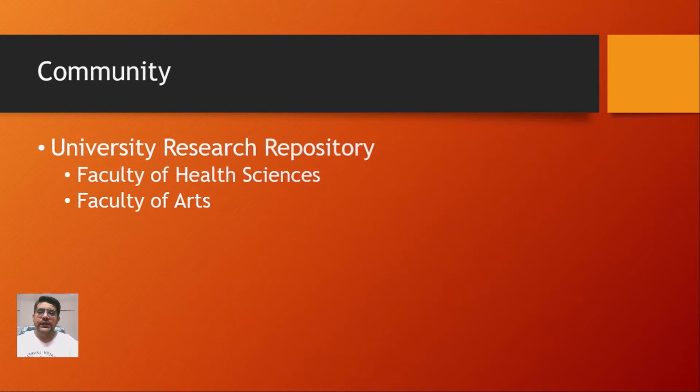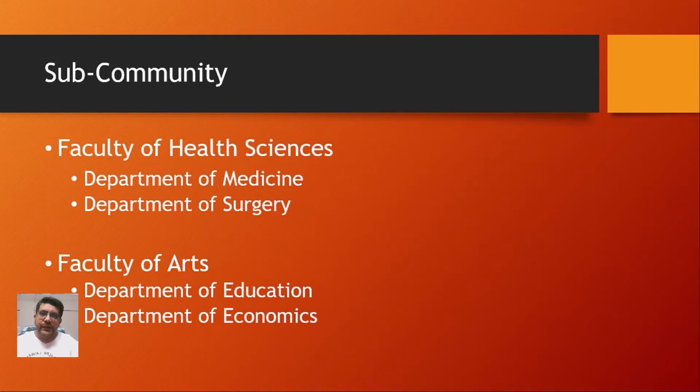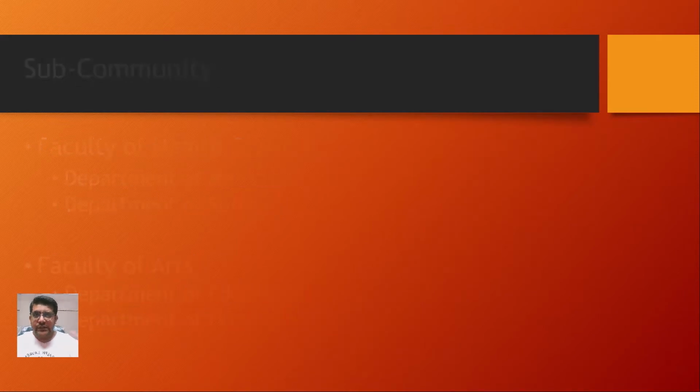For example, in a faculty of health sciences, you have a department of medicine and a department of surgery. Similarly for faculty of arts, you have a department of education and a department of economics. Those departments would be your sub communities. And then you have further subdivisions.